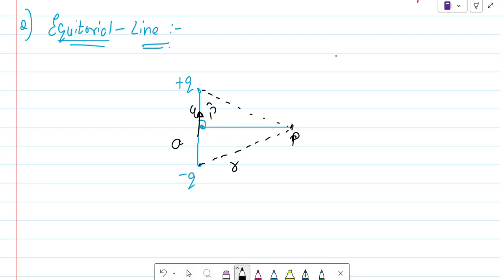So electric field at a point P for a general case is given by kp upon (r square plus a square) whole raised to 3 by 2.